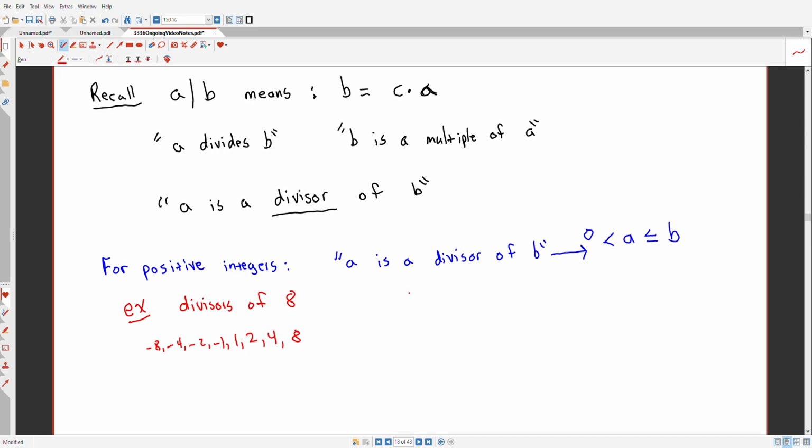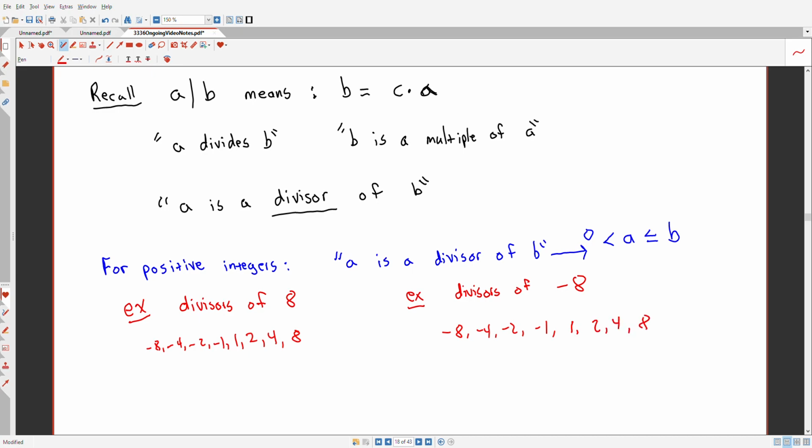If I contrast that with the divisors of -8, well, I'm actually going to have the exact same list of integers, right? All the things that divided 8 also divide -8, of course.